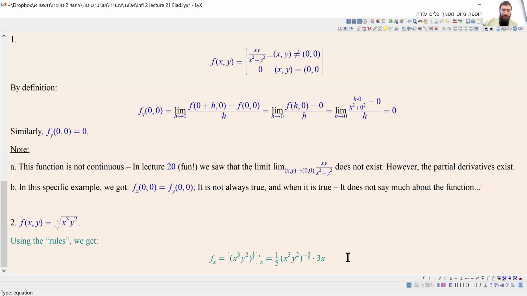The inner derivative is 3x squared y squared.